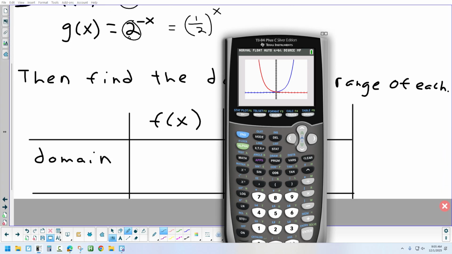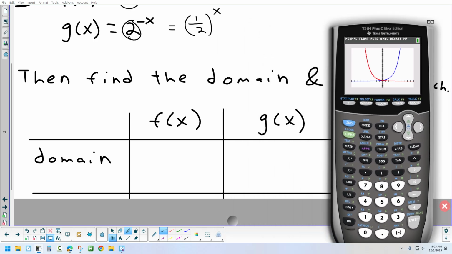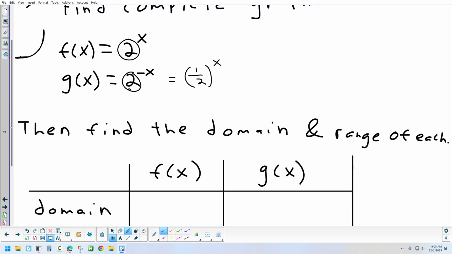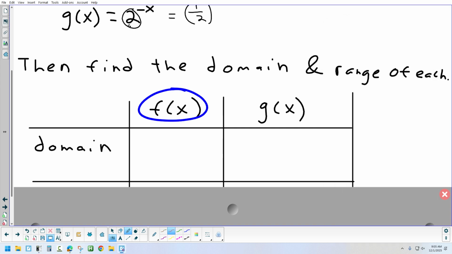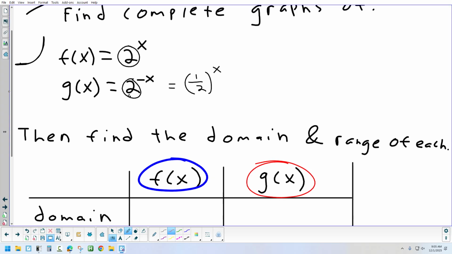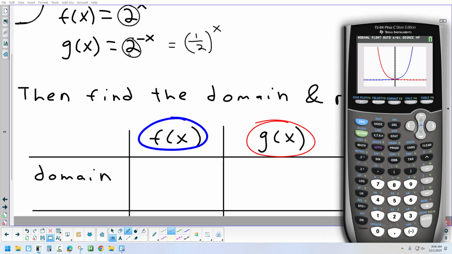Right, let's start with the domain. F of x is the red one. Actually, let me double check that. No, f of x is the blue one. That's the red one. All right. What's the domain of the graph in blue?